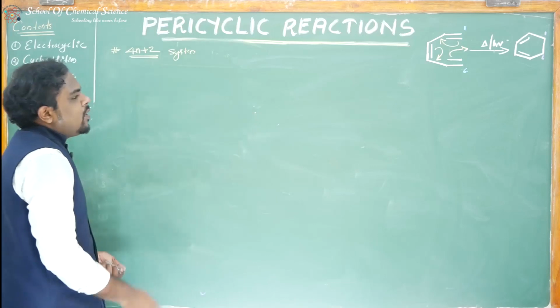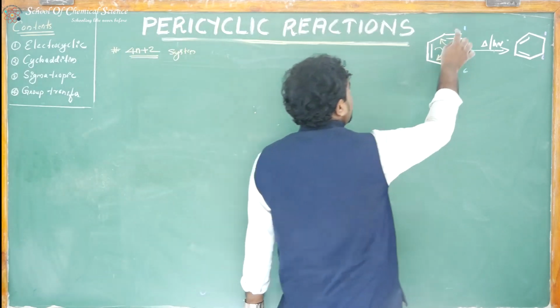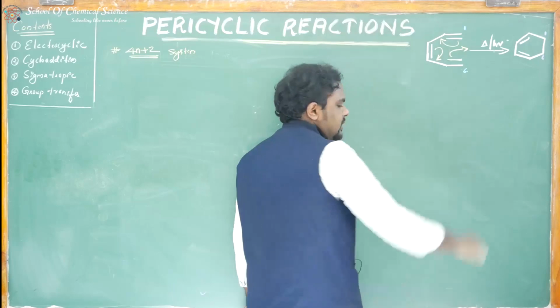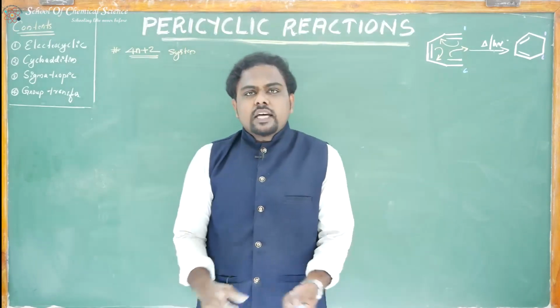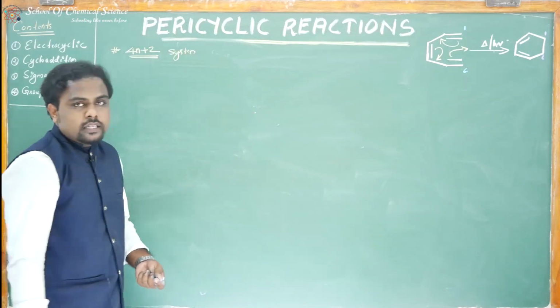So how many pi bonded carbon atoms are there? 1, 2, 3, 4, 5, 6. Six pi bonded carbon atoms are there, so definitely six molecular orbitals are there.